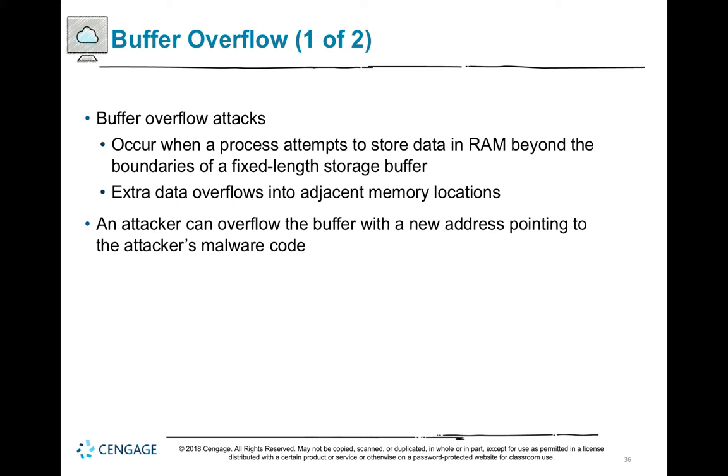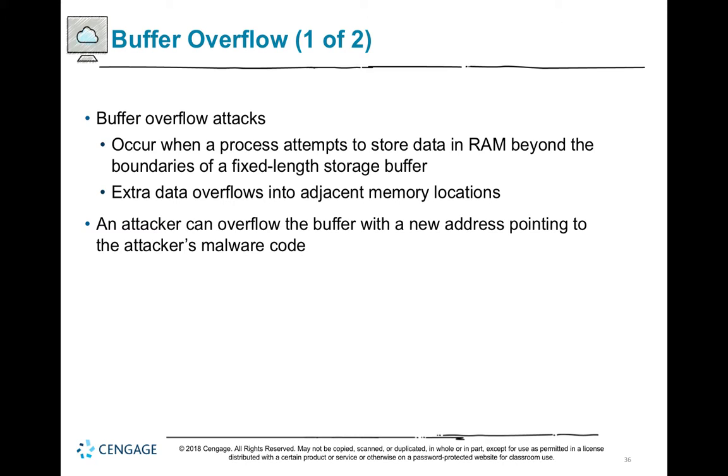So if an attacker can overflow the buffer with a new address that points to the attacker's malicious code. What they'll typically do is use no-op sleds. They'll put in a specific character that the processor knows isn't an operation: just skip over this bit. If the attacker inputs a bunch of no-op bytes, they call that a no-op sled.